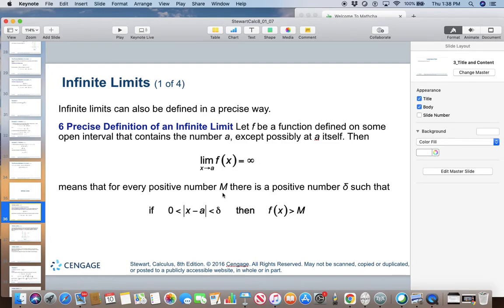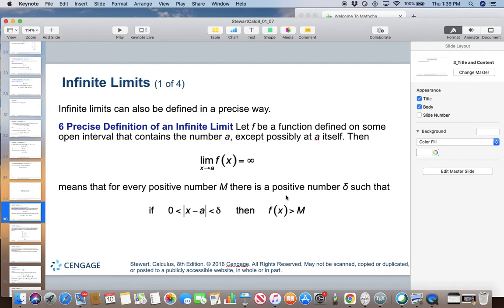So you give me however big a number M, if I get close enough to a, then f(x) can cross the given big number M. That is, f(x) can be larger. All right. So this is the meaning of infinite limit.